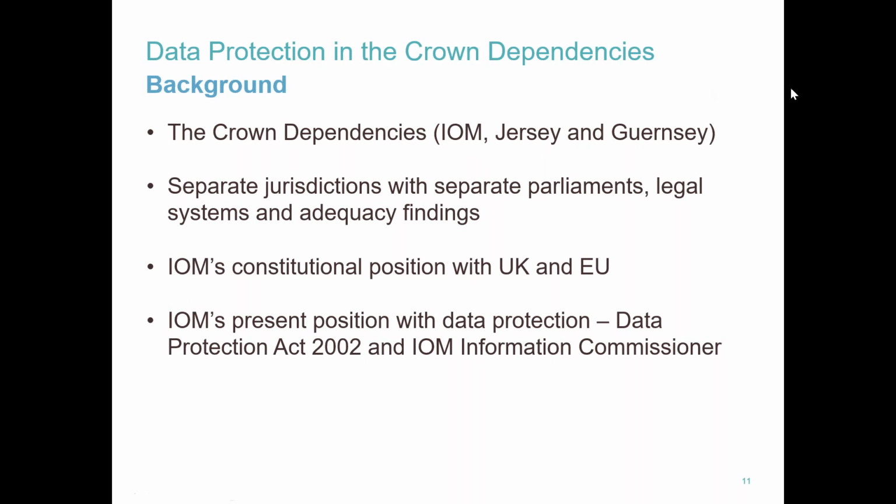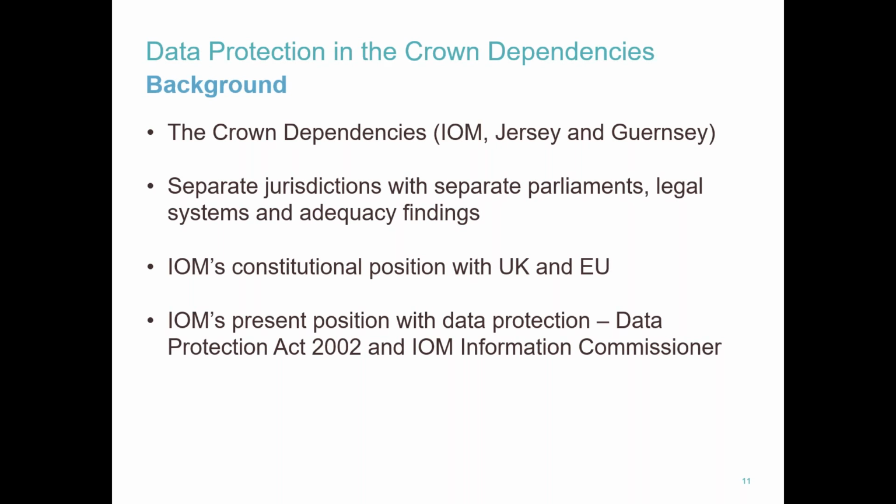The whole issue of adequacy and the requirement to obtain an adequacy finding is something that each Crown dependency, or each part of the Crown dependency, has had to go through. And just by way of background, when we talk about the Crown dependencies, we're talking about the Isle of Man, Jersey and Guernsey.